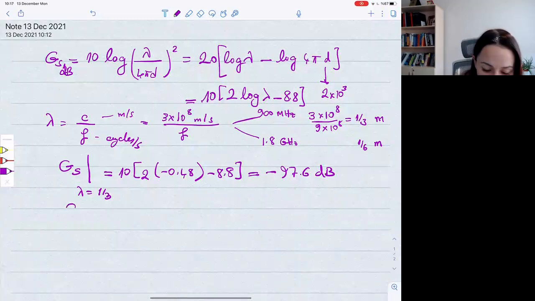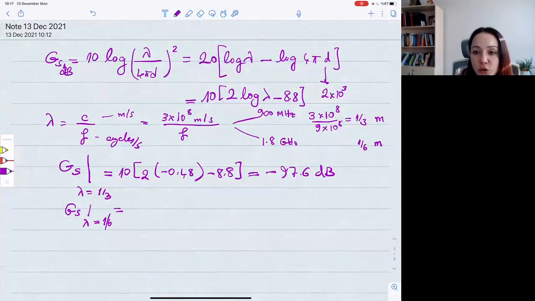How about at 1.8 gigahertz? Do you expect more or less path loss? More path loss, right? And you can see that from the lambda being in the numerator of the path gain. Lambda is smaller when the wavelength is smaller at higher frequencies.